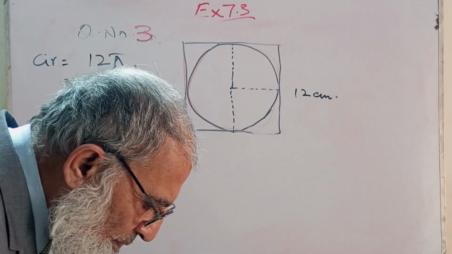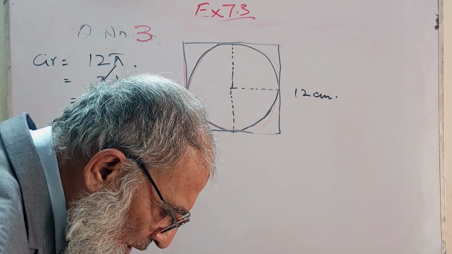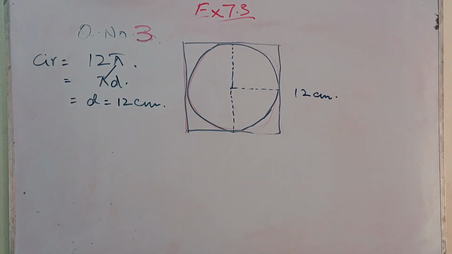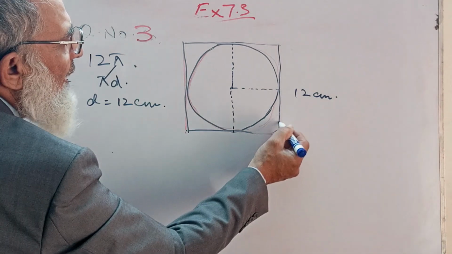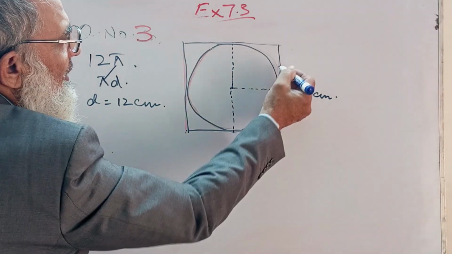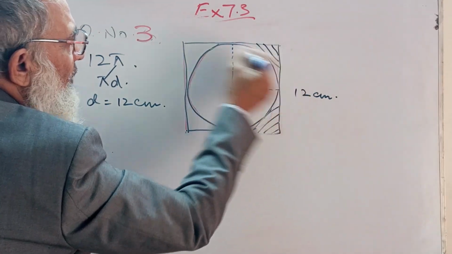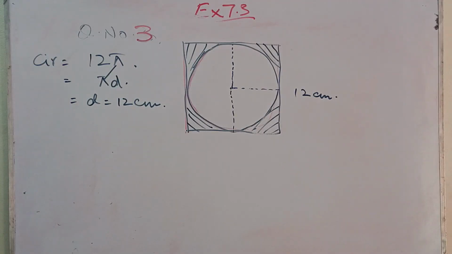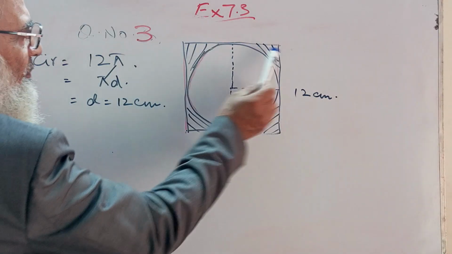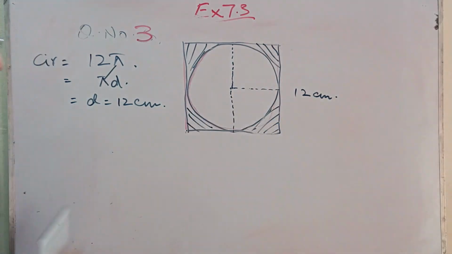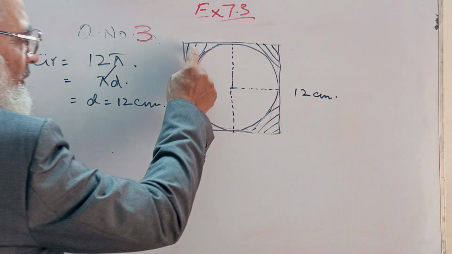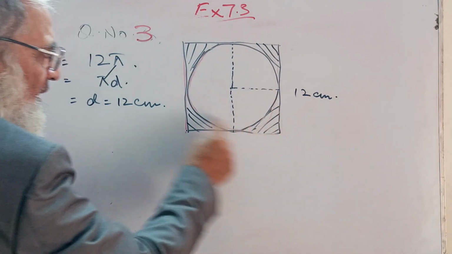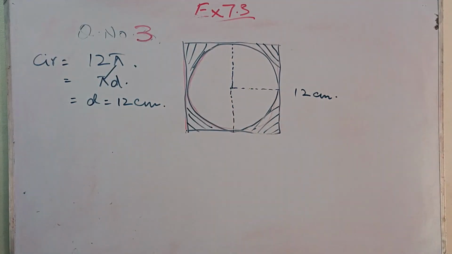Now the part B. What area of metal is left once the circle has been cut? Now this colored region, we have to find the area of this colored region as well. Now my dear students, we have to find the area of the remaining part of this sphere if the circle has been cut out from this square piece.